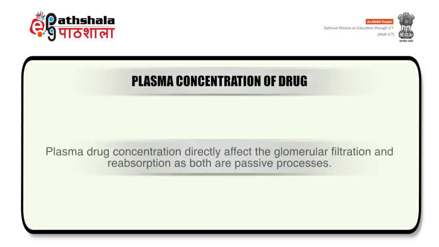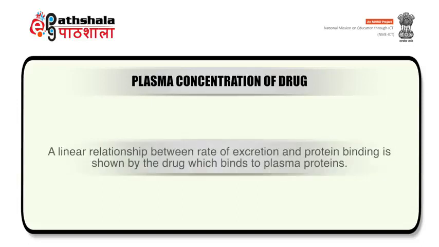Plasma drug concentration directly affects glomerular filtration and reabsorption, as both are passive processes. A linear relationship between the rate of excretion and protein binding is shown by a drug which binds to plasma protein.